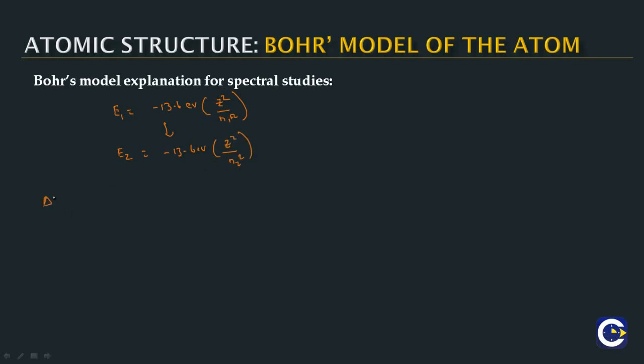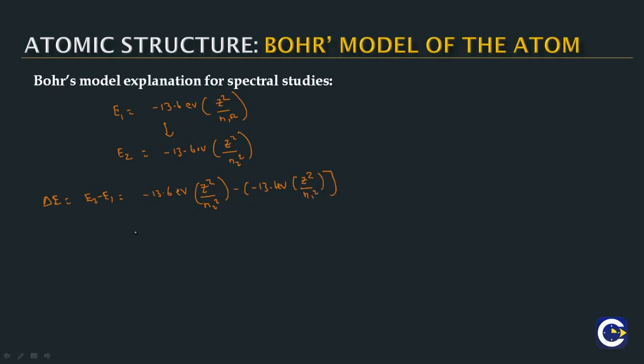So the energy gap delta E between the two levels will be E2 minus E1, which will be equal to minus 13.6 electron volt into Z square by n2 square minus of minus 13.6 electron volt into Z square by n1 square.